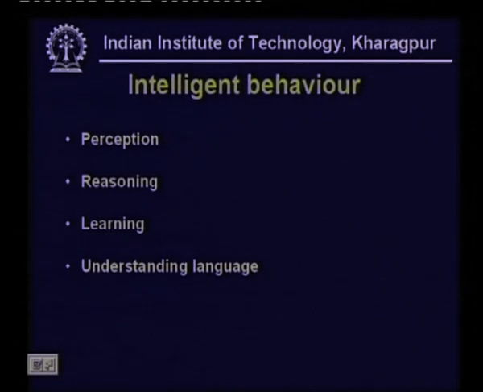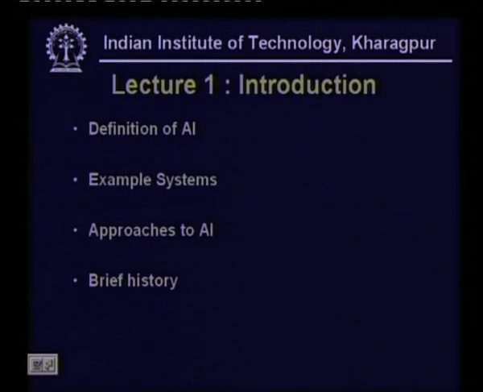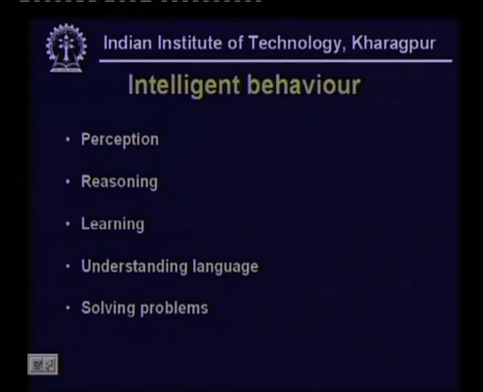Understanding natural language, communicating in natural language, solving problems. So perception, reasoning, learning, language understanding, and solving problems are examples of some of the things that we want our AI systems to solve.